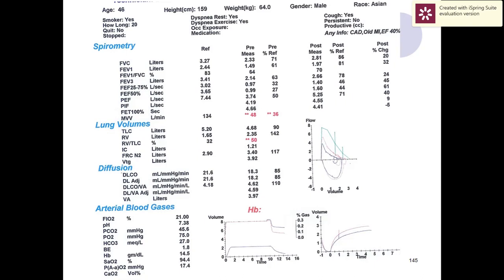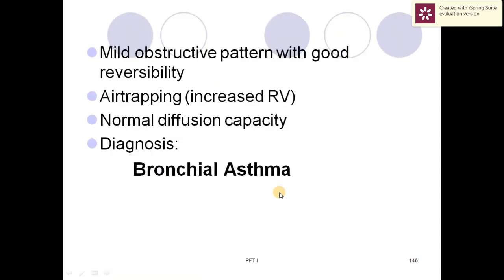The TLCO is 85%, adjusted to the alveolar volume, 110. So this is a case of asthma. Mild obstructive pattern with good reversibility, air trapping, increased residual volume, normal diffusion capacity. Diagnosis: bronchial asthma.